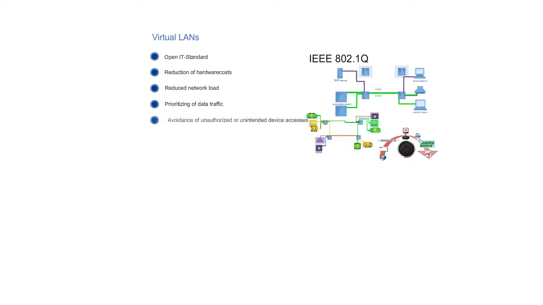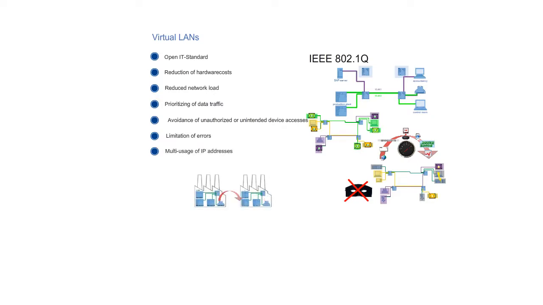The possibility for unauthorized or unintended device access is reduced. Faulty addressing only influences the respective VLAN, but not the entire network. Simplified address assignment and multi-usage of IP addresses is possible. VLANs are the first choice for an efficient and hardware-saving configuration of extensive networks.